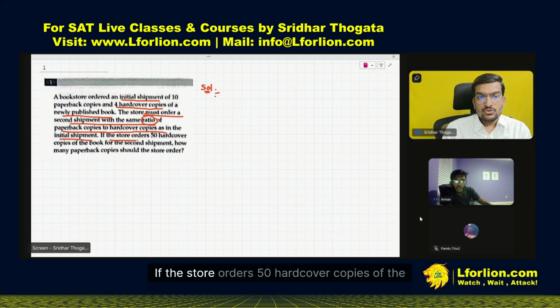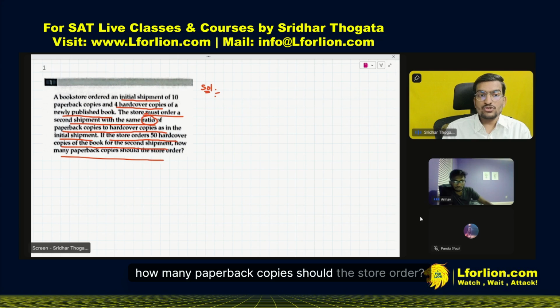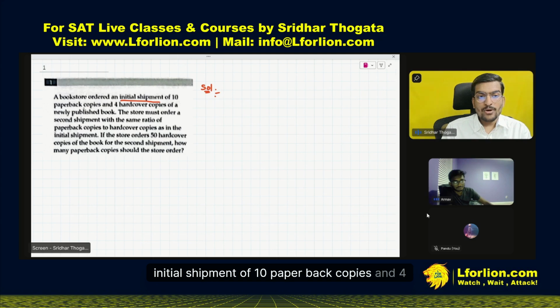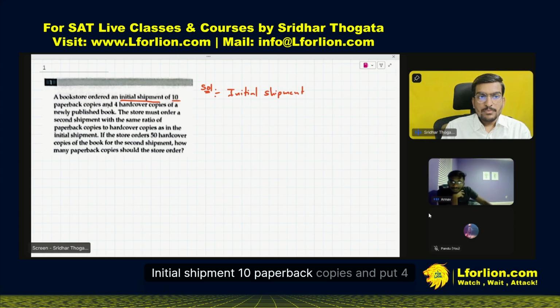If the store orders 50 hardcover copies of the book for the second shipment, how many paperback copies should the store order? So first of all, the initial shipment is 10 paperback copies and 4 hardcover copies.